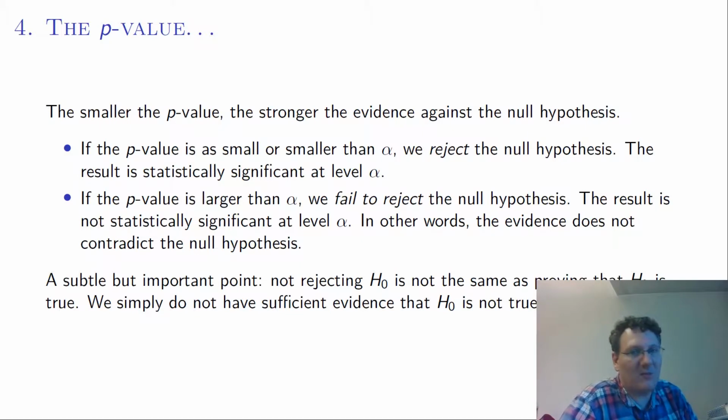We haven't proved the null hypothesis true. All we've done is fail to disprove it. We're not in the business of proving the null hypothesis true. That's not our job. Our job is to collect evidence in favor of the alternative. If that evidence is strong enough, we reject the null hypothesis in favor of that alternative. But we never prove the null hypothesis to be true. Okay?